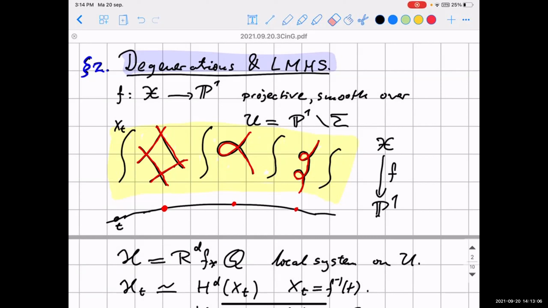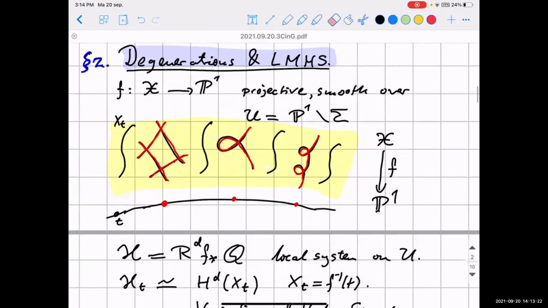It's a family over P1. For the moment, it will be a smooth map. Fibers in general will be smooth varieties X_t of dimension D. And then there is a finite set of points where we have degeneration.